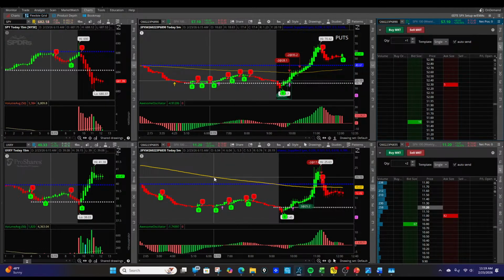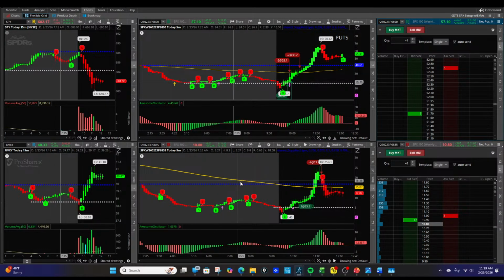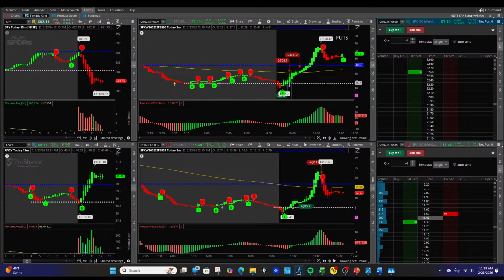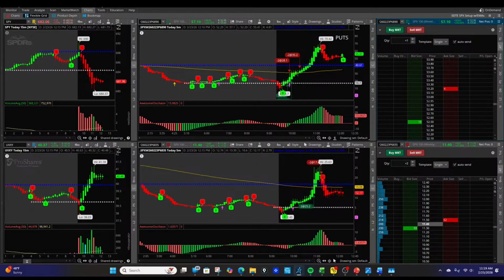So right here, in the 68.35 puts, the 200-day moving average, which is the yellow line, is like a roadblock right now.